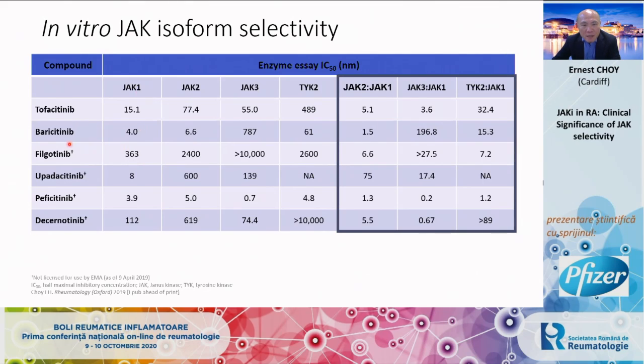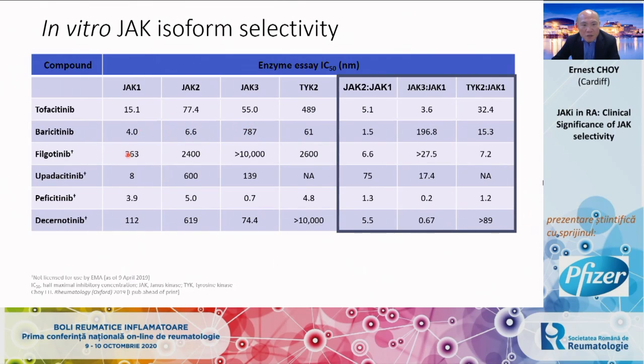Baricitinib is said to be a JAK1/2 selective inhibitor because for JAK1 and JAK2, the IC50 is fairly close together at 4 and 6.6. And if you compare this number with the IC50 of TYK2 and JAK3, these numbers are a lot lower.